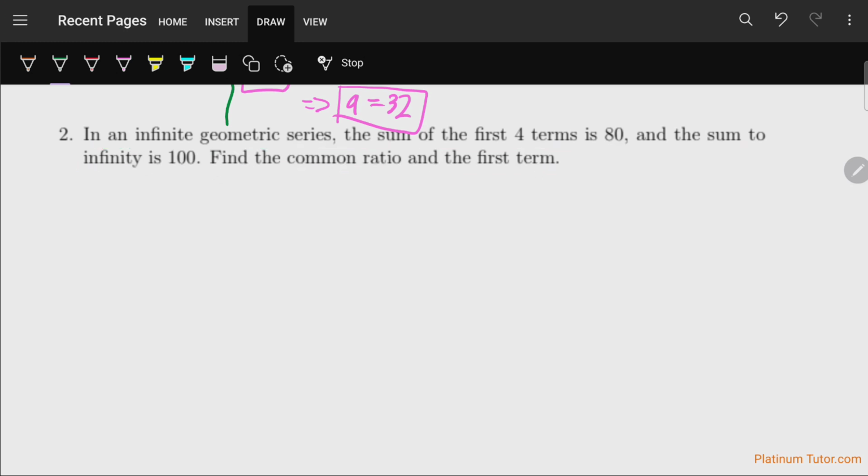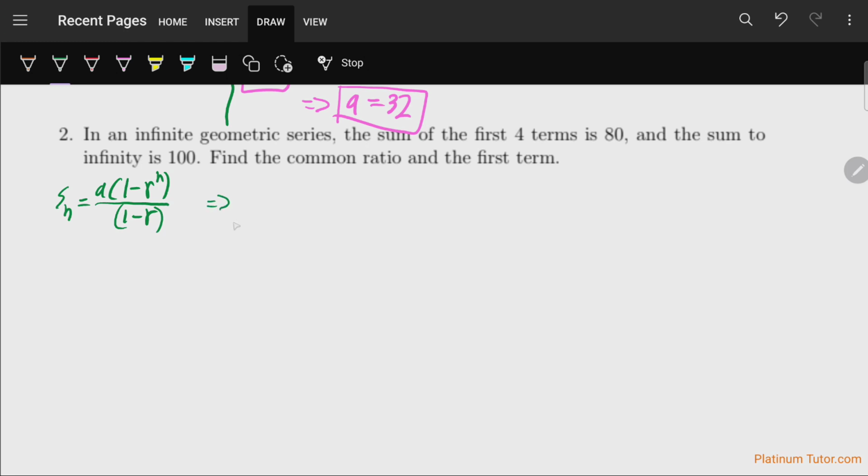Okay, let's see. So we're just going to write down equations again. We'll write down everything we know in terms of an equation. So the sum of the first 4 terms, we know how to do that, right? The sum of the first n terms is a times 1 minus r to the n all over 1 minus r.